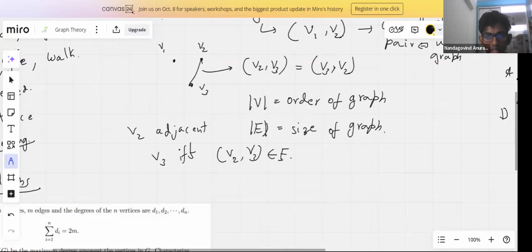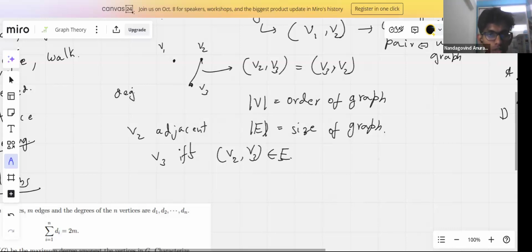Basically, if there's an edge joining V2 and V3, V2 is adjacent to V3. Here we're dealing with undirected graphs, so V2 being adjacent to V3 means V3 is adjacent to V2. Does this make sense, what two vertices being adjacent means? Cool.